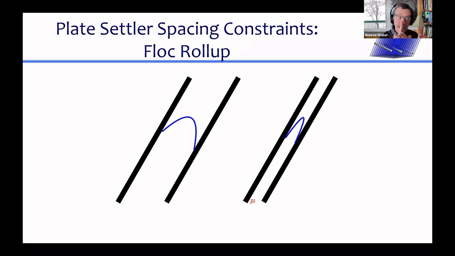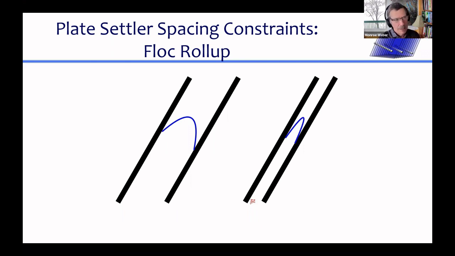But the velocity that the floc is experiencing close to the wall is higher in the narrow case, because the velocity gradient has to be steeper, because you still have to have the same parabola squished into that smaller space. The middle of the parabola has to have the same magnitude. So that means that the velocity gradient is steeper. And that means that you go a short distance away from the wall and you hit a higher velocity.